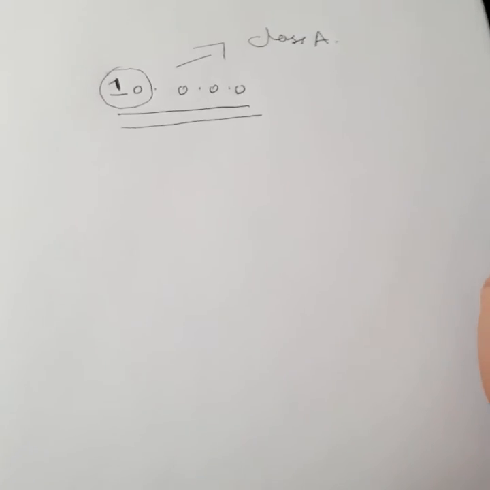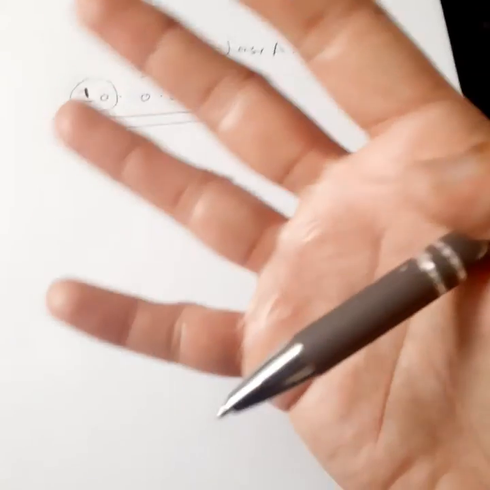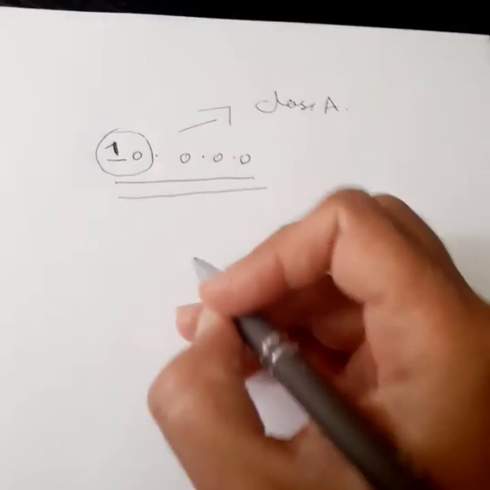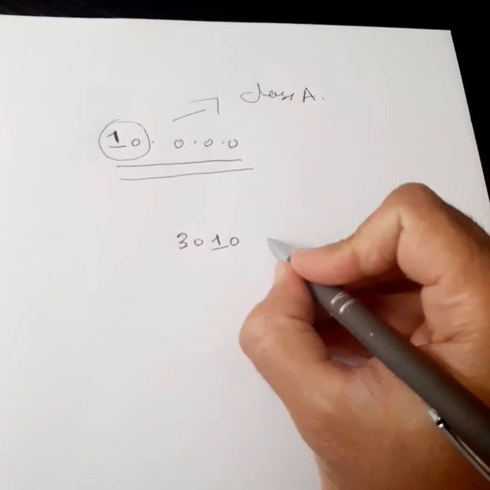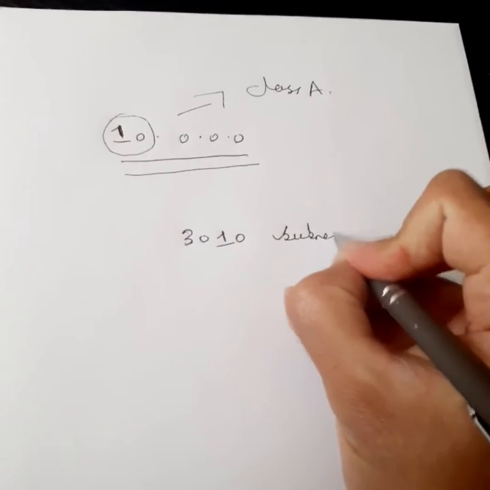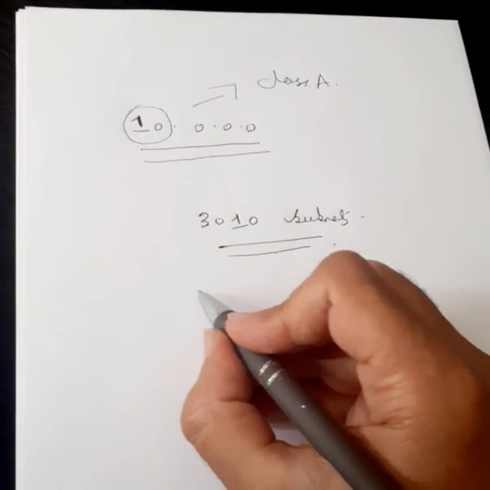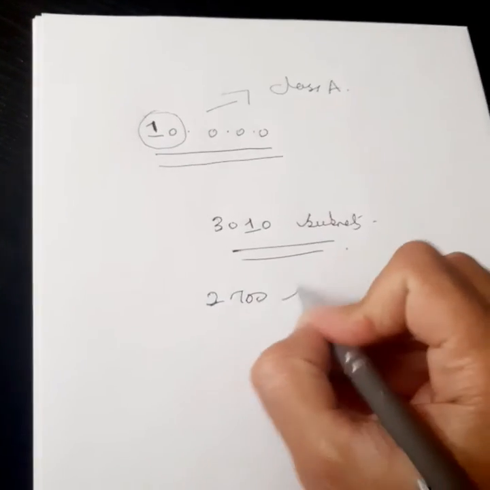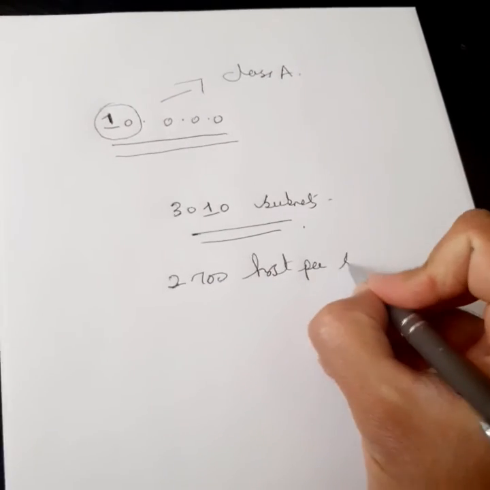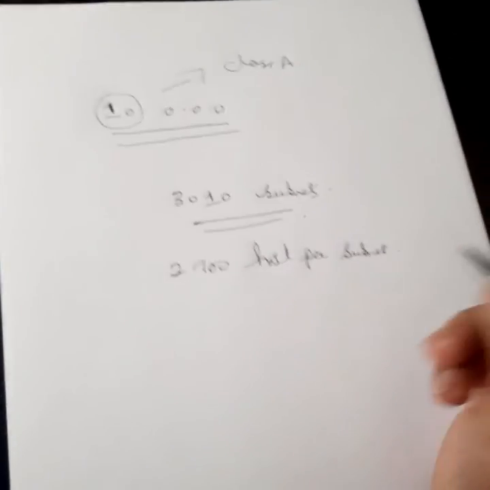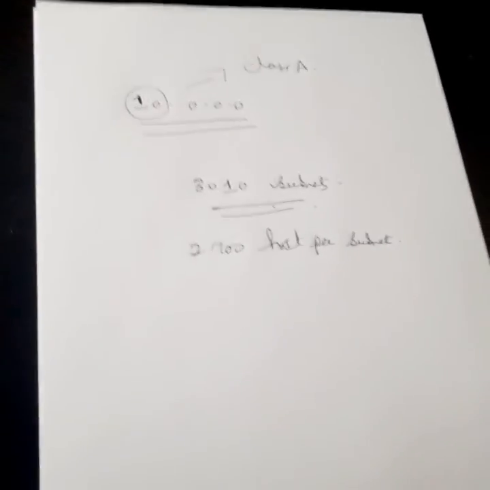On the other hand, we have to achieve 3010 subnets, and 2,700 hosts per subnet. So from here, we have to take these things out.